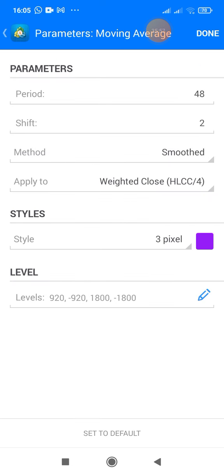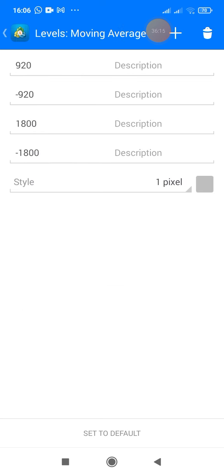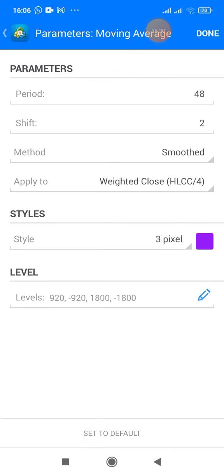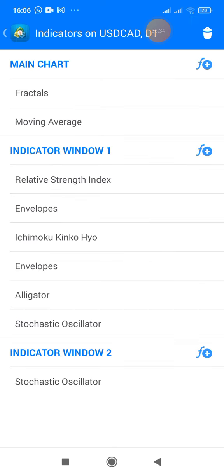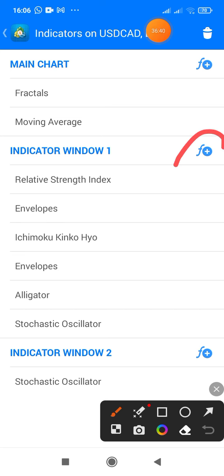Moving average, window indicator, you press there.